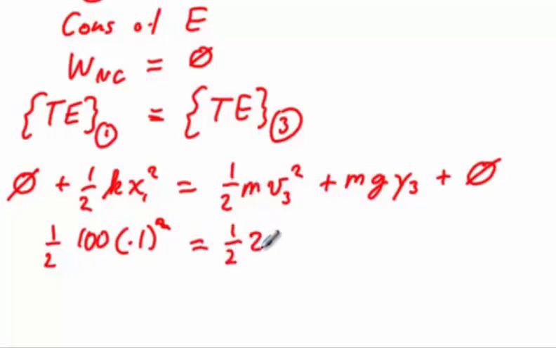The mass is 2, velocity 3 squared, plus a mass of 2 kilograms, g is 9.8, and we've been told that the height of the hill is 0.02 meters.